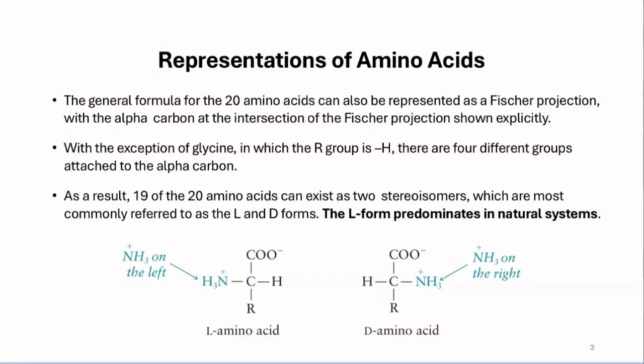In the Fisher projection of it, we're going to have the alpha carbon connected to the hydrogen. The top part is going to be our carboxylate group. To the left, in this case, we have the amino group and we have the R group facing the position that is pointing down.